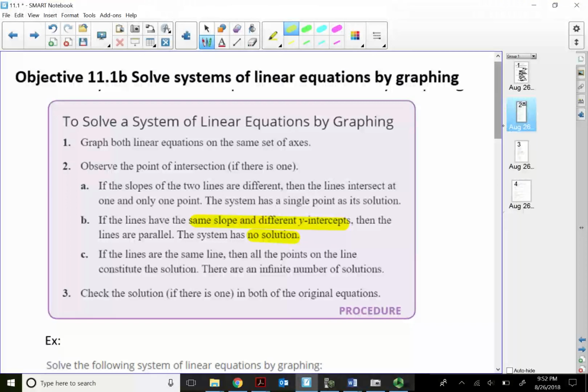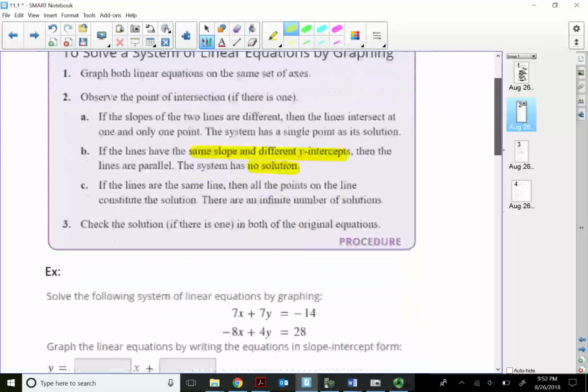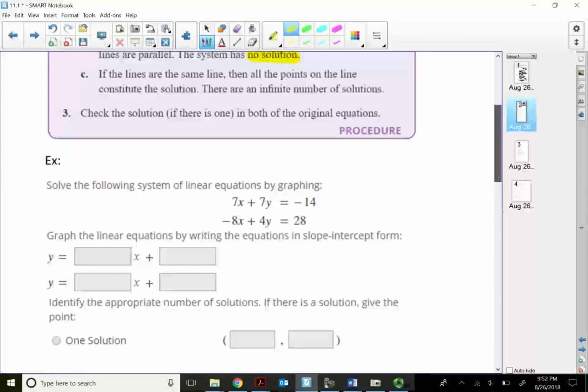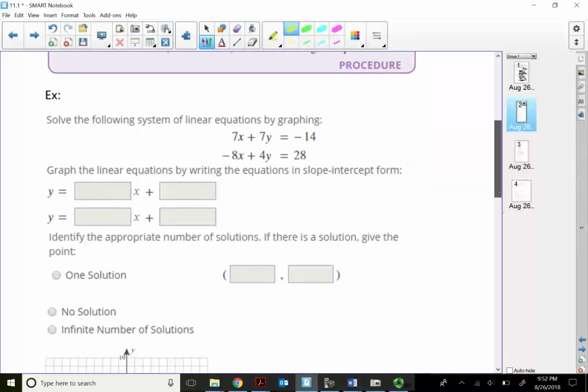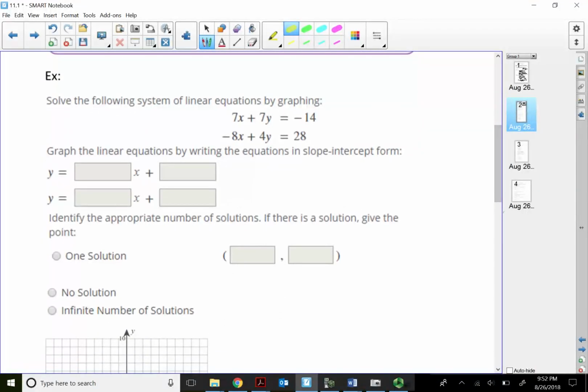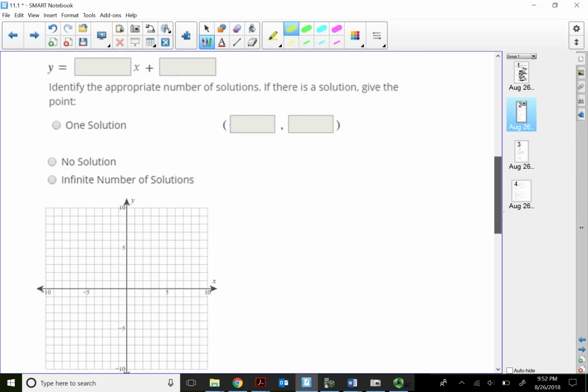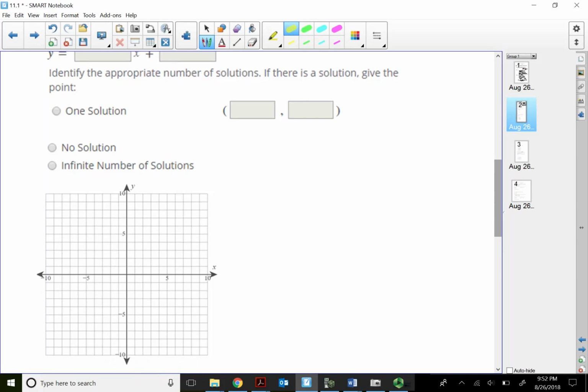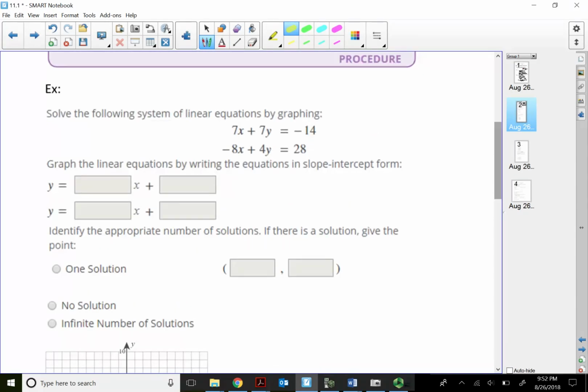This is kind of strange. When we do this on the computer using Hawkes Learning, from module 10, you notice when you type in your slope and the y-intercept, the computer graphs the line for you, or you can enter two points and the computer graphs the line for you.